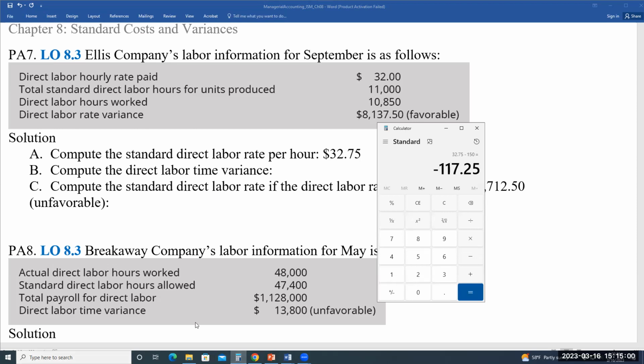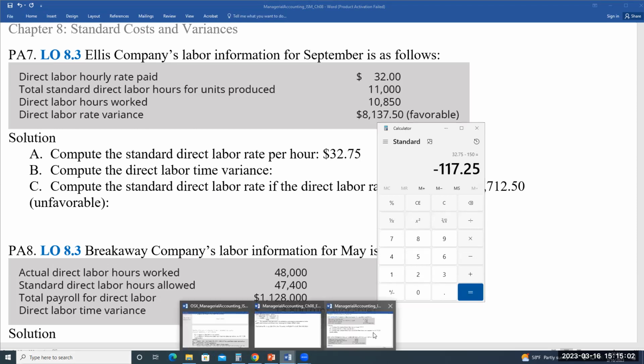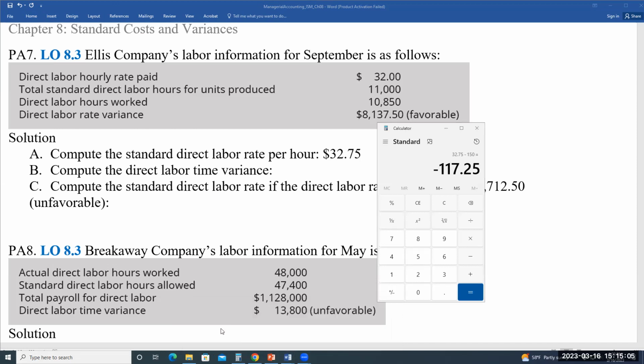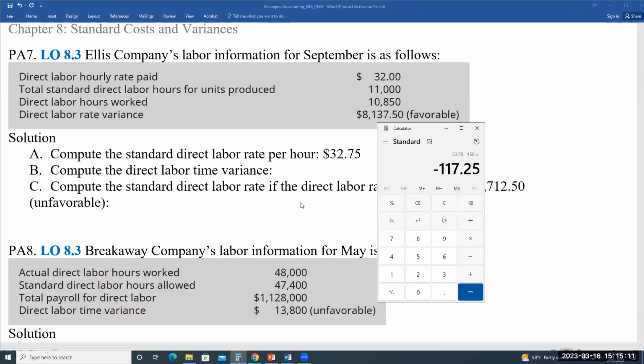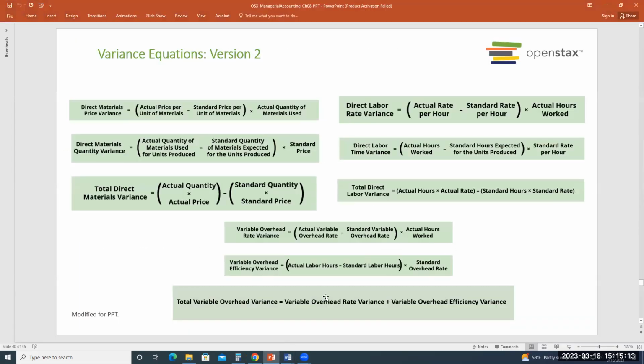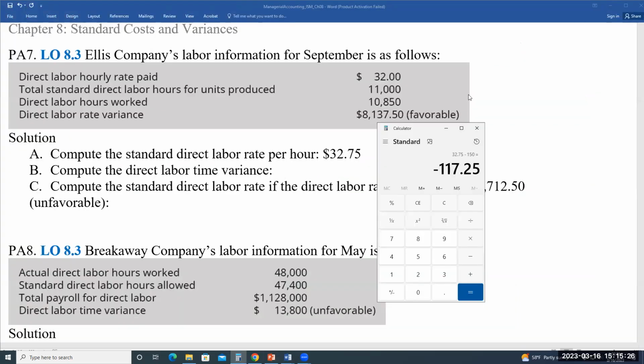Let's see if that's right. Doesn't look right. No, it's not right. What did I do wrong? Let's see. Actual hours minus standard hours times the standard rate. Yeah, that didn't work. Okay.